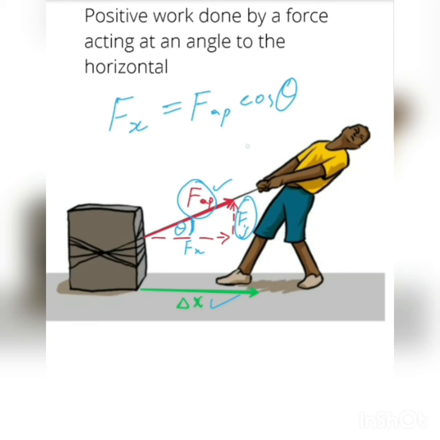So how would we go about making the calculation? We are going to use the horizontal component of the force to determine the amount of work. And how do we go about that? We'll write the usual formula as it is, which is W equals F delta X cos theta.